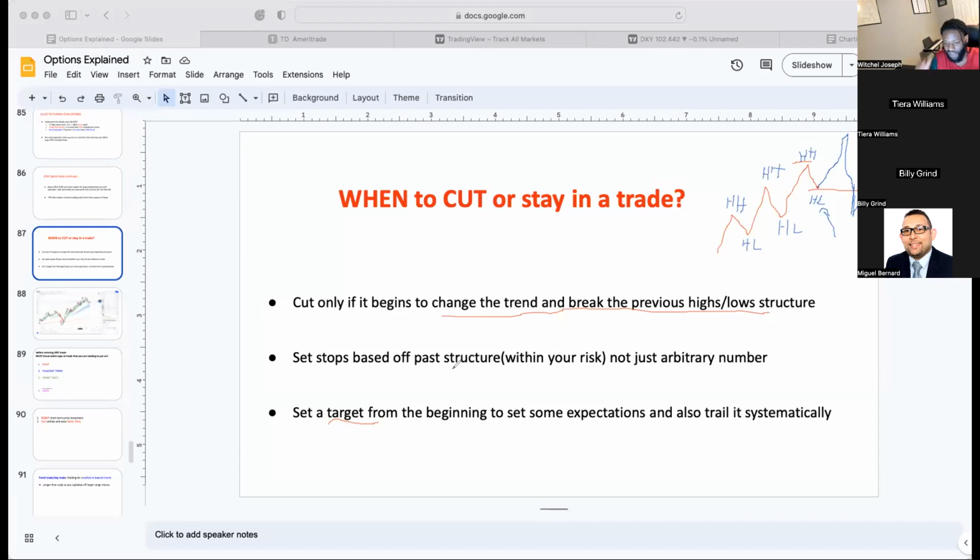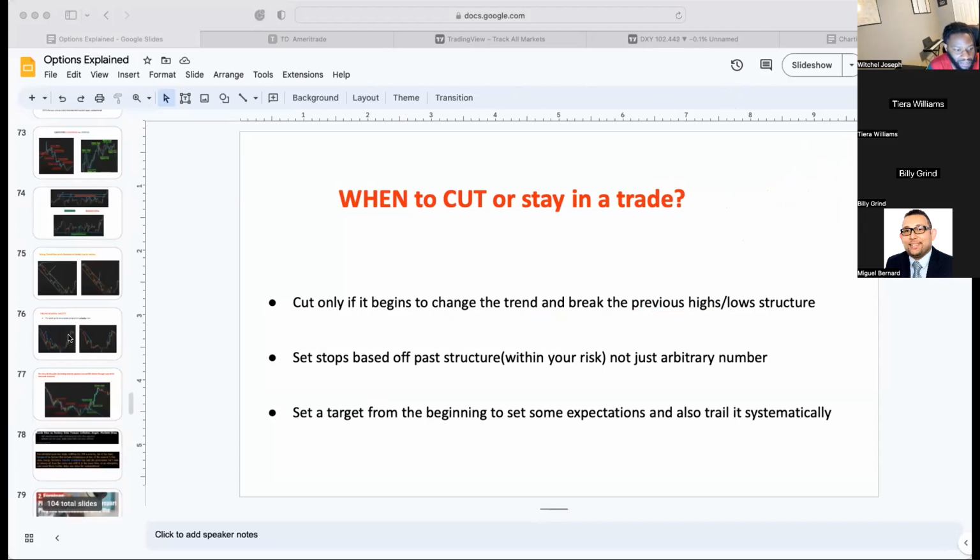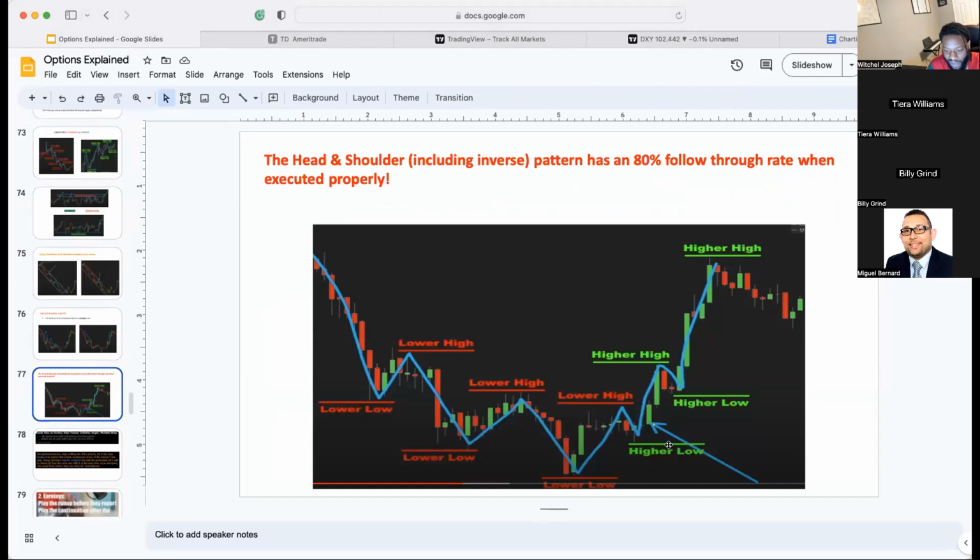As it moves up, you move your stop loss. So let's go over some actual chart examples. But I was saying this for the head and shoulders. Like I was saying, once we make that higher low and then we make that higher high, it became an uptrend. You should have been out of there by then.